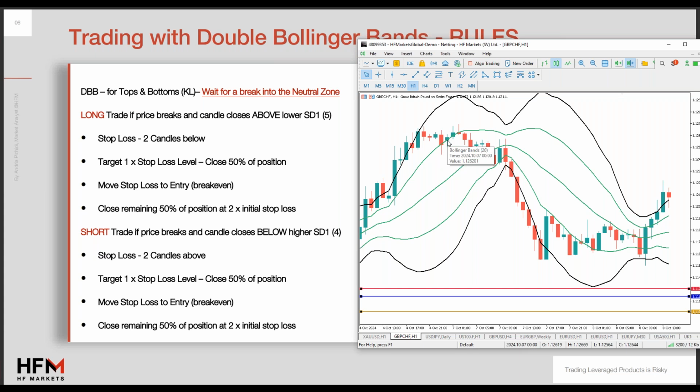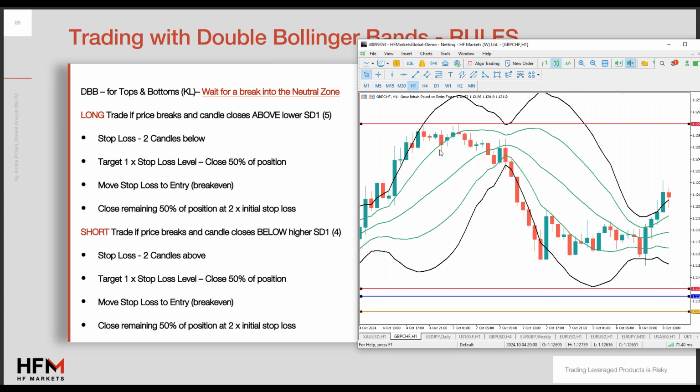The next session, however, stayed and stayed and stayed for 3 sessions in a row on the Bollinger. And then here was a confirmation. It finally confirmed a closure below the first standard deviation. So this is calling for a short position. The stop loss at this level, again, should be 2 candles above.